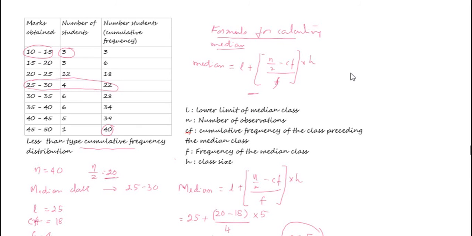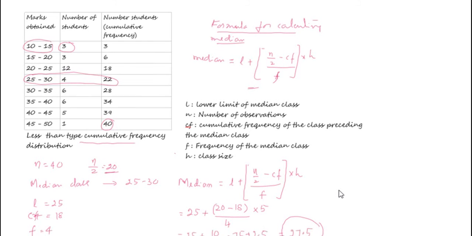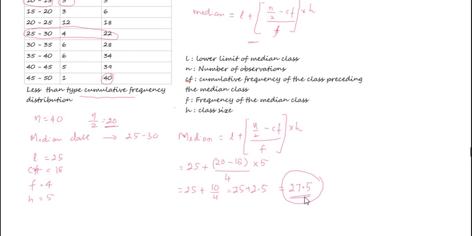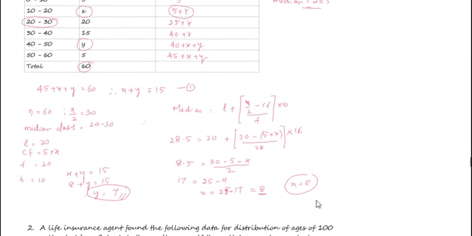Let me show that. This is the data that I have used earlier. The same data I will use for drawing the graph. In this case, we calculate the median using formula, and the value of the median is 27.5.